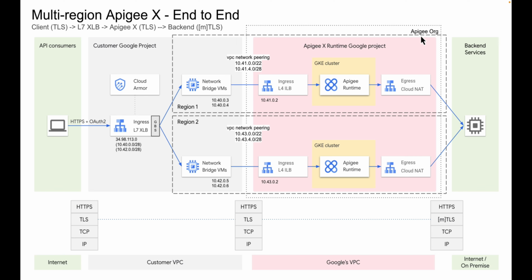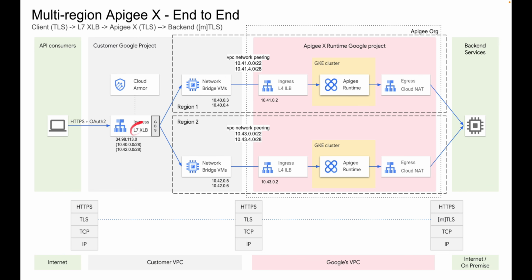Of course, these two runtimes are part here of the same Apigee organization, which means that when I deploy an API proxy on an environment, if this environment has been distributed on the two regions, the API will be accessible from region 1 or from region 2.